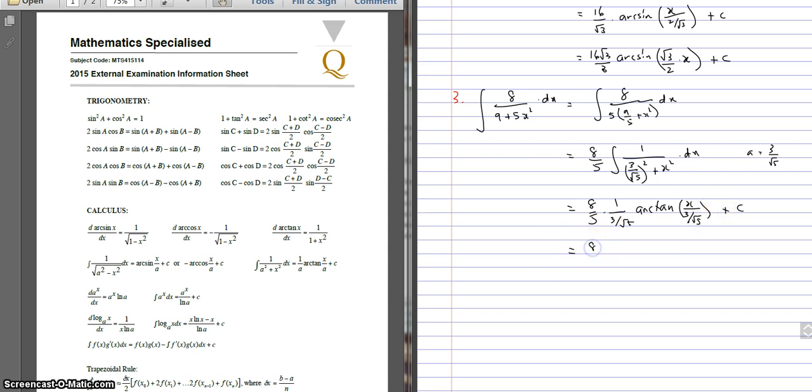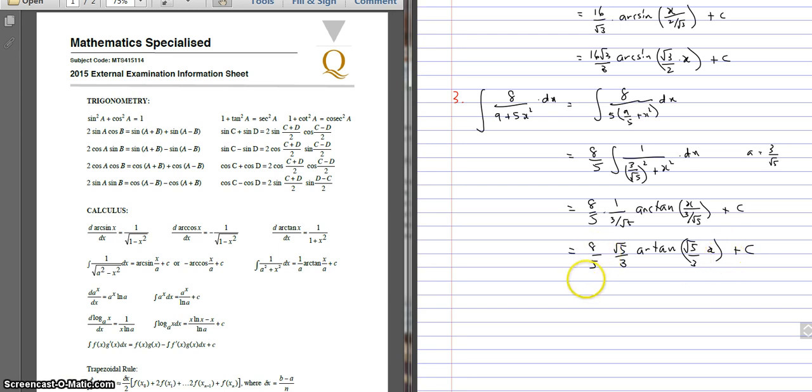Then 8 over 5 times square root of 5 over 3, times arctan of square root of 5 over 3 times x, plus c.